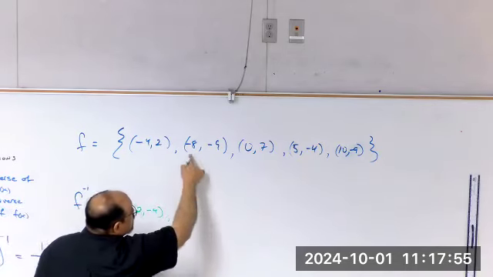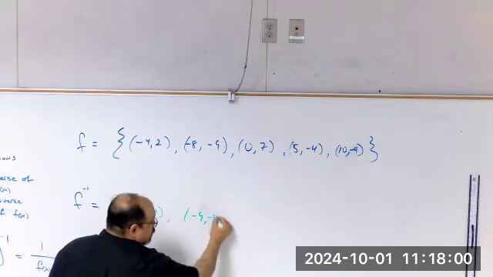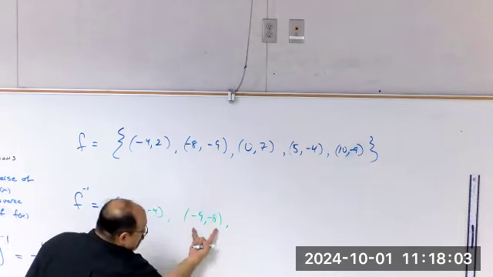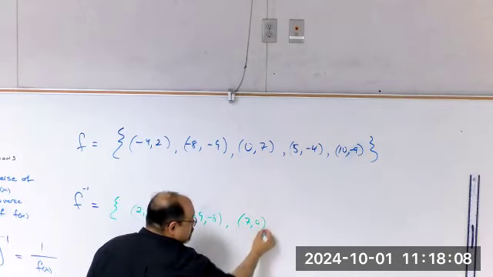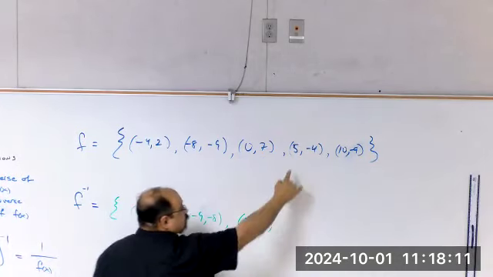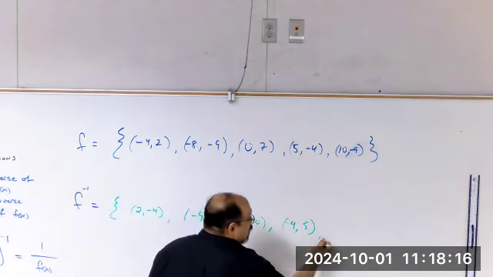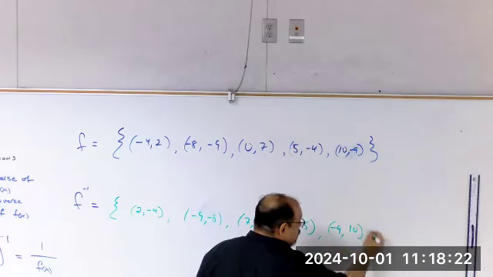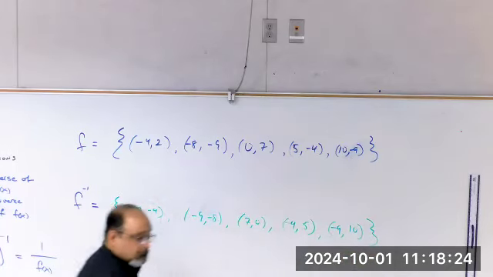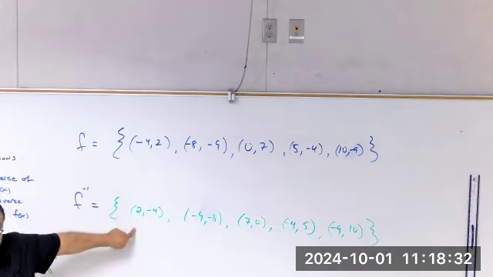This one would be -9, -8. Switch the ordered pair. This 0, 7 over here would be 7, 0. This one would switch and become -4, 5. And this would switch and become -9, 10. Now we have a problem. This is a function, yes, but this is not a function.